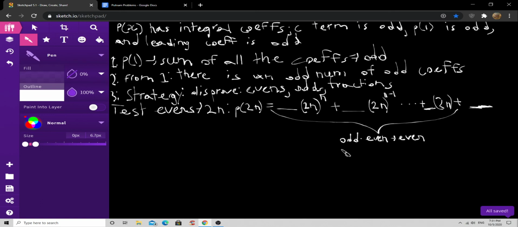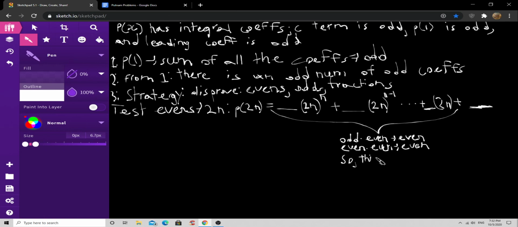And we also know that even times even is obviously just an even number. So as a result, we can conclude that this entire area, no matter what we put in here, is always going to be even. And we know that this last term is odd, so an even number plus an odd number is always odd.